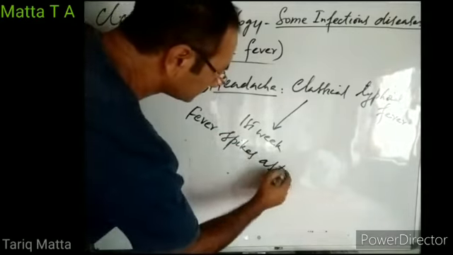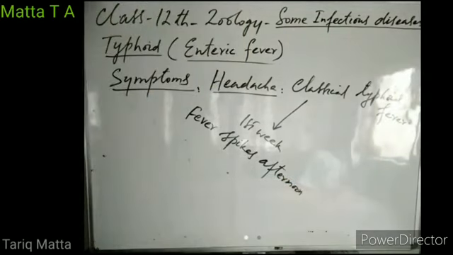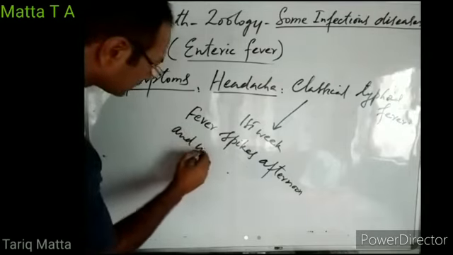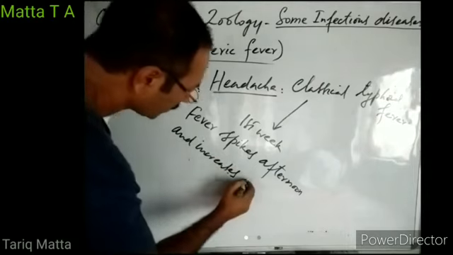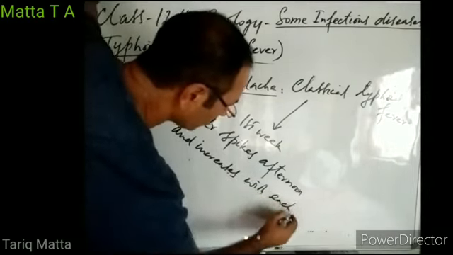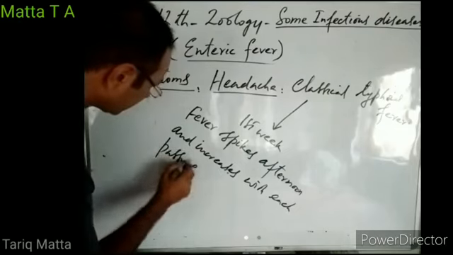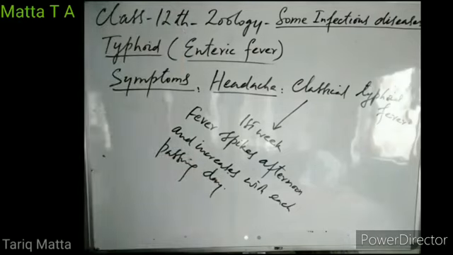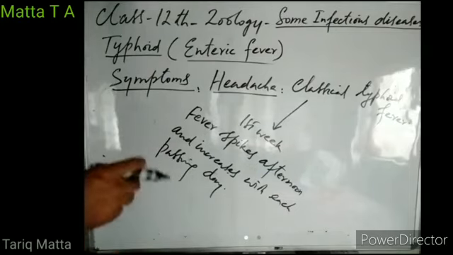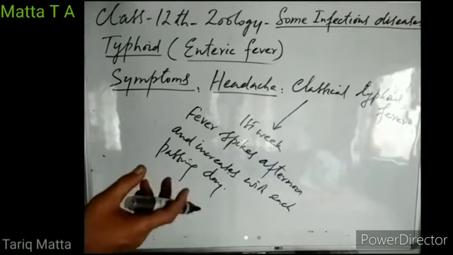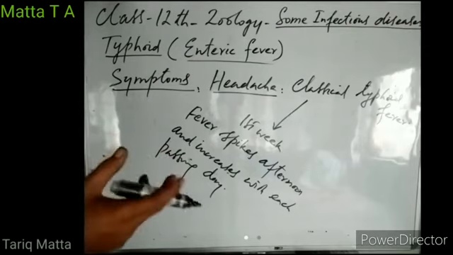In the morning, the person's body temperature is normal, but in the afternoon, the fever starts to rise and increases with each passing day. So in the first week, the person is suffering from fever, but this fever shows a characteristic pattern. It rises in the afternoon and goes on increasing with each passing day.